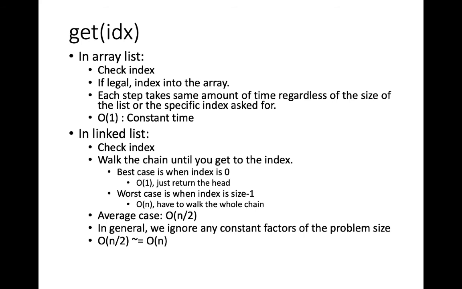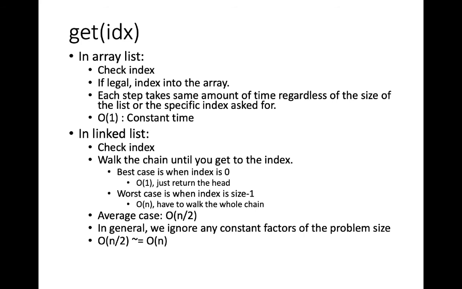It takes exactly the same amount of time to check whether the index is valid, because I don't have to look at any of the elements. I just compare the index to make sure it's not negative and that it is smaller than the size of the list, and the size is available directly as my size field.